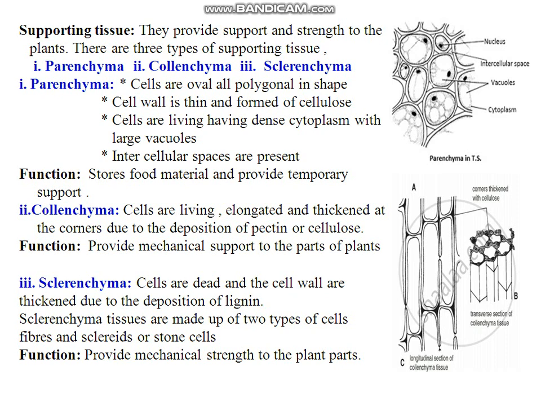So once again I am going through the definitions given here. In sclerenchyma tissue, cells are dead and the cell walls are thickened due to the deposition of lignin. Sclerenchyma tissues are made up of two types of cells, fibers and sclerites or stone cells.